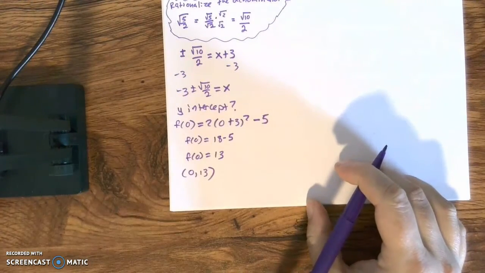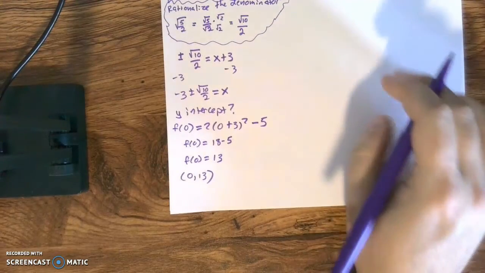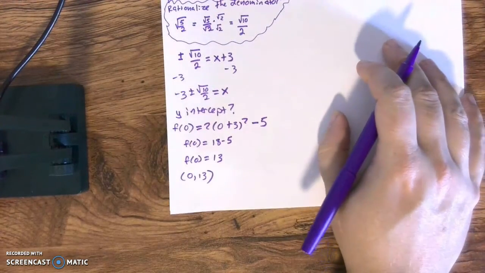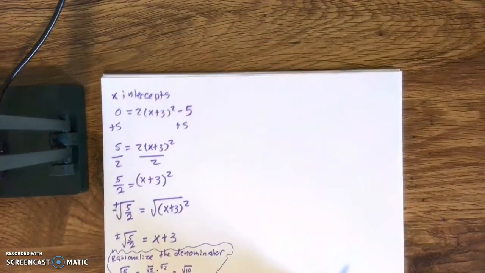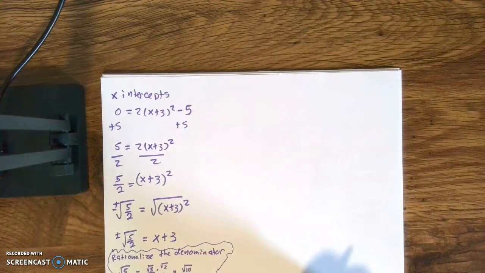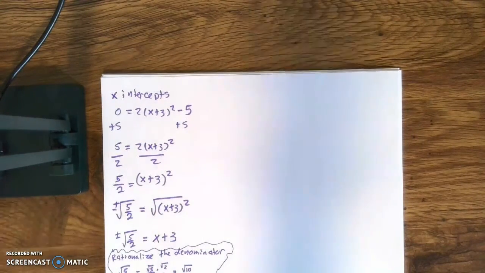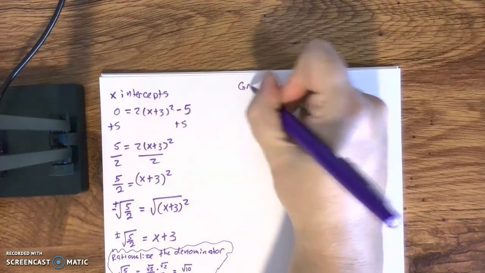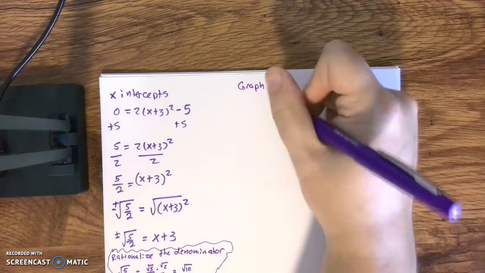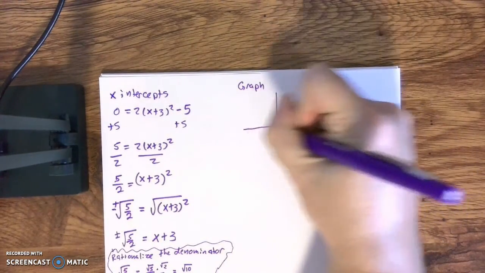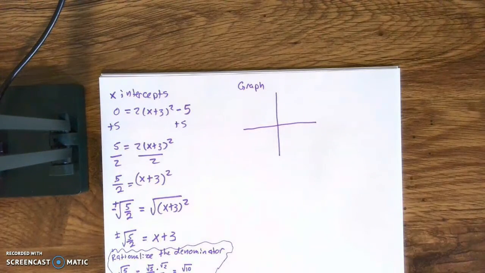Alright, they also wanted you to look at the graph and the domain and range. If we were going to graph this, they have you choose a graph. We're just going to sketch a quick graph. What I'm going to work with is the fact that I know the x-intercepts, I can use those if I want. I know the vertex, and I know that it opens up.